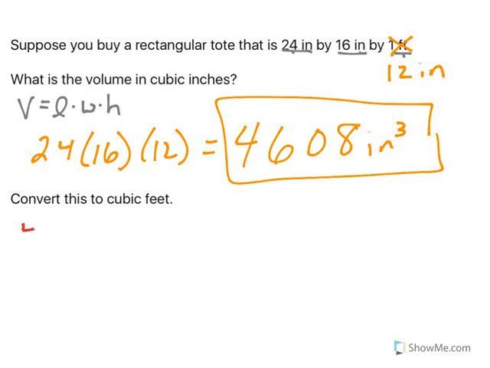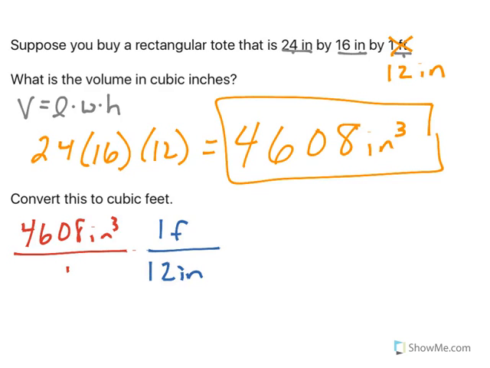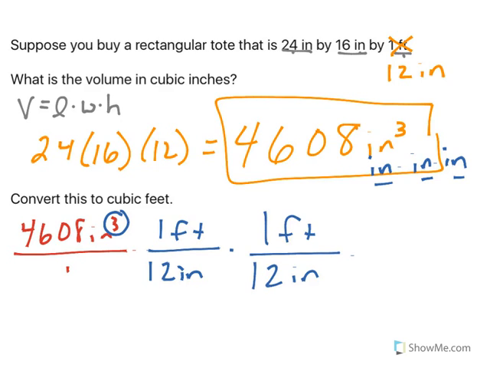Now the second part of this problem says change that to cubic feet. Okay, well if we start with 4,608 cubic inches, now I know that 12 inches is 1 foot, but we have this inches cubed. That's the same as saying inches times inches times inches. There are 3 of them. So I need to kind of think about this as having it 3 times.